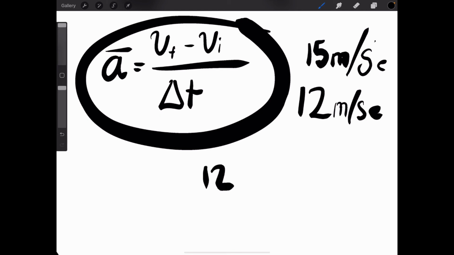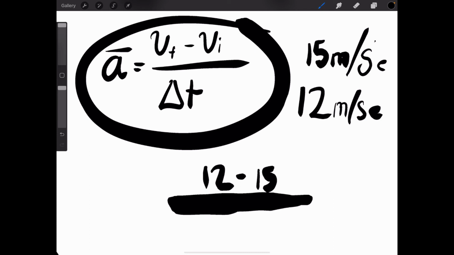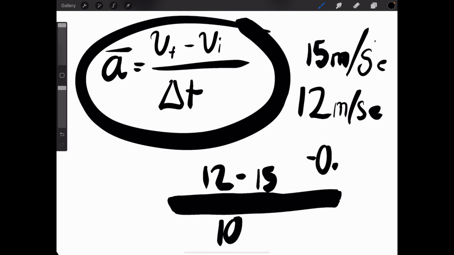So 12 minus 15 divided by 10 seconds, which she took. So let's see if we can find that. The answer is 0.3 meters per second squared east.